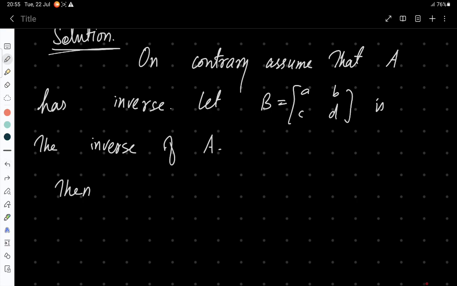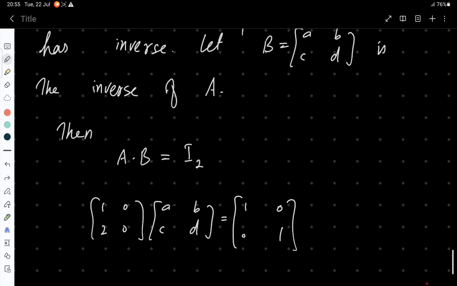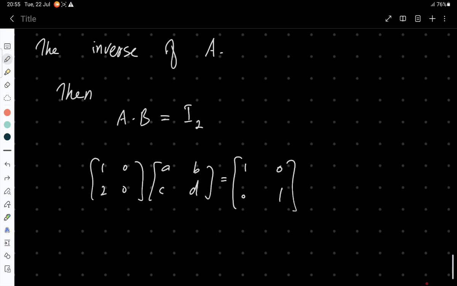What will happen then? If B is the inverse of A, then if I multiply A with B, I will end up with the identity. Here is A, here is B, here is identity.